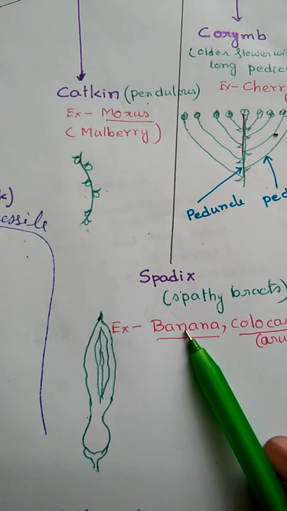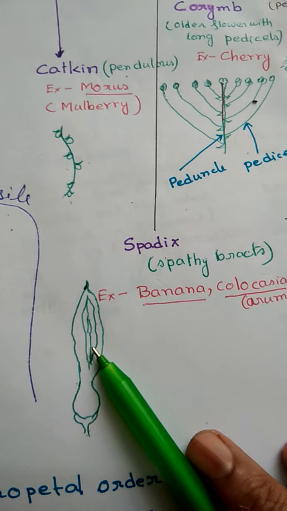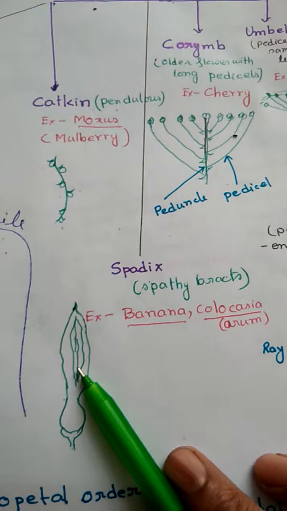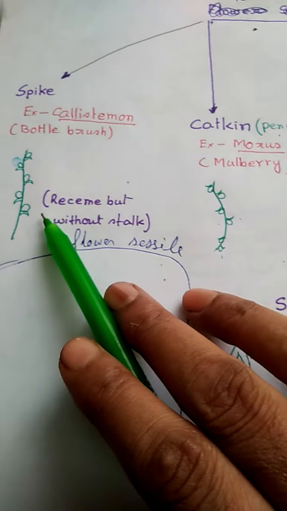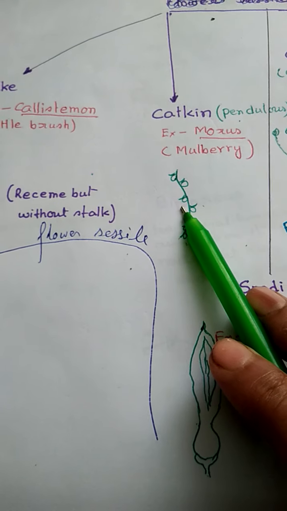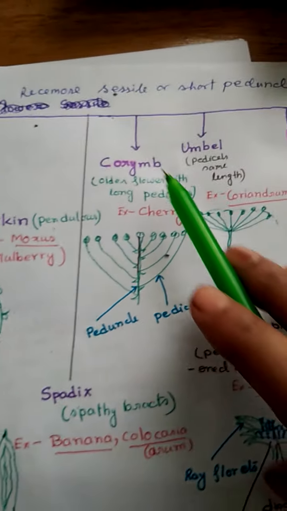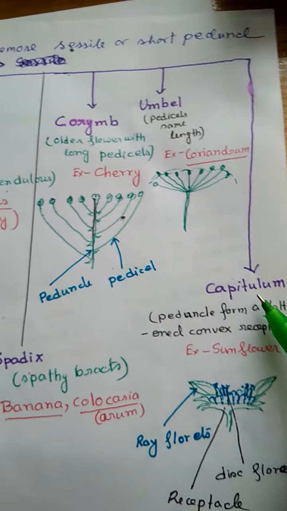In the case of banana, the flower of the banana is covered by the bract, or here the structure, I have drawn the diagram, colocasia, arum. So these three are without stalk. The stalk is absent here, also absent here, and here also absent. But with a short stalk, three are present: corymb, umbel, capitulum.